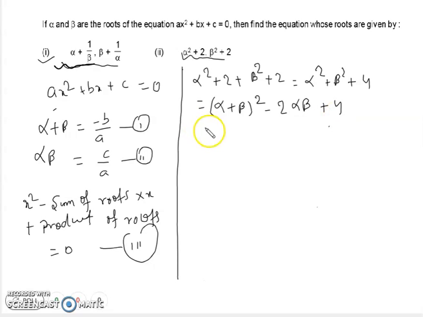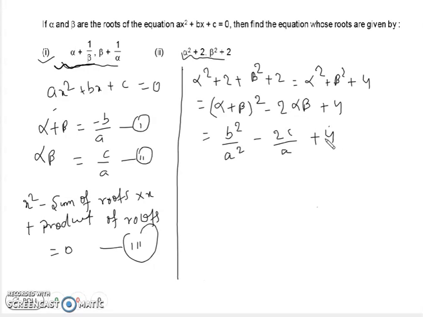And what will be the value of alpha plus beta? You can say that minus b by a. So minus becomes plus, and we can write here b square by a square minus 2 into c by a, and plus 4, right? Are you getting my points, guys?